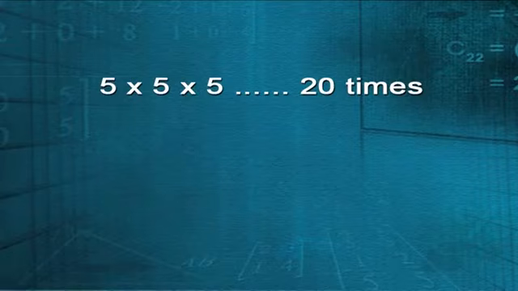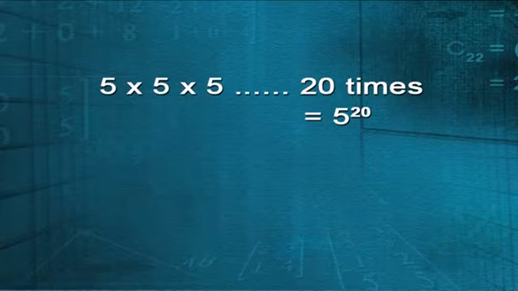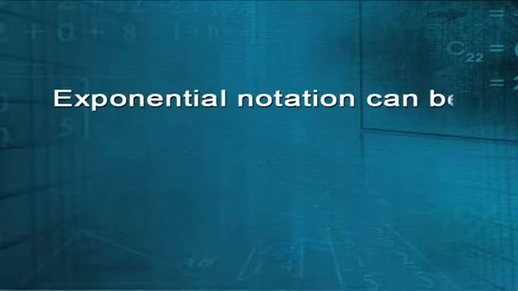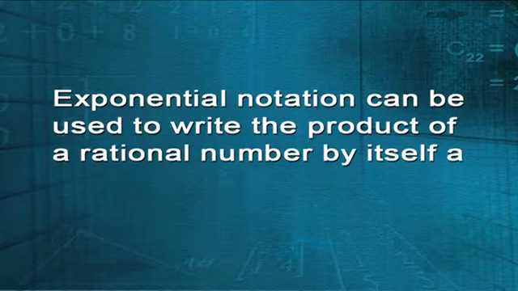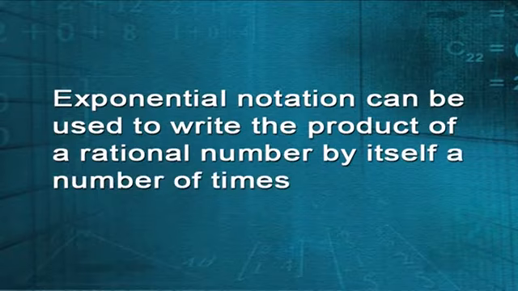5 multiplied by 5 multiplied by 5, 20 times, is written as 5 raised to power 20, where 5 is the base and 20 is the power. Therefore, you can say that exponential notation can be used to write the product of a rational number by itself a number of times.